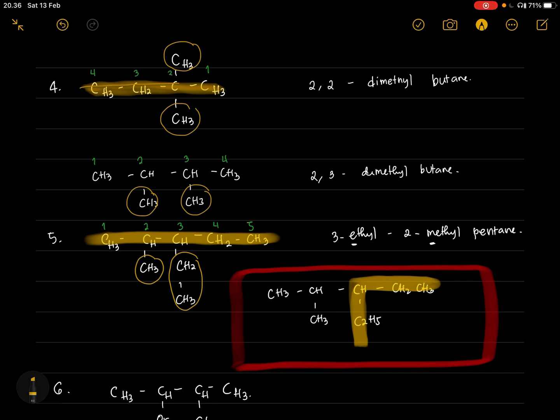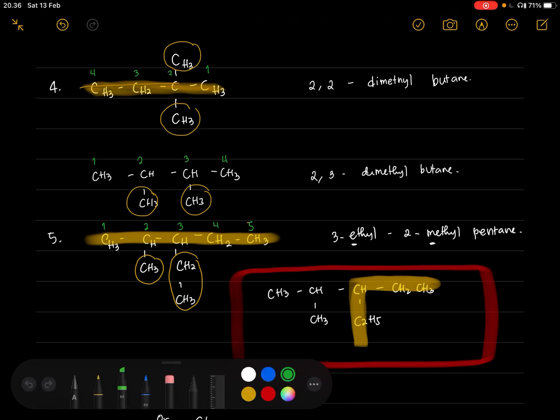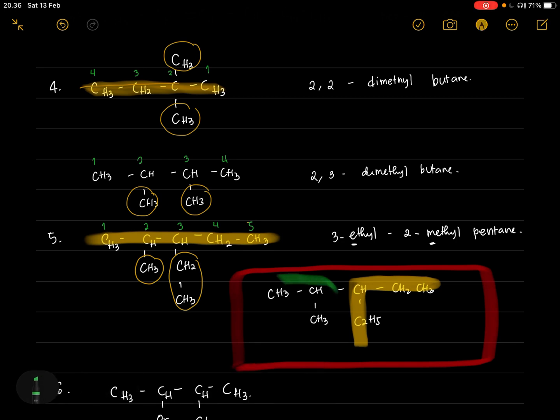Okay, but why is it not preferred? Because in the red box structure, we only have one branch. In organic naming, if we have these two possible names, you have to go for the structure which has a higher number of branches.